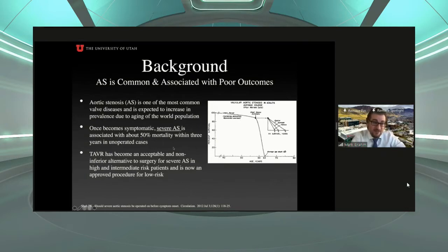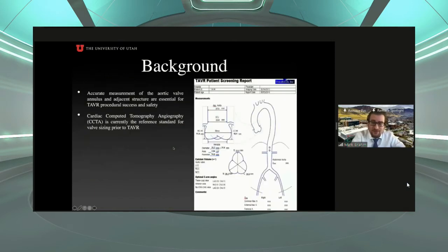TAVR has become an acceptable non-inferior option to surgery in low, intermediate, and high-risk patients. Imaging before TAVR is an essential component of the procedure's safety and success. Multiple things need to be looked into before implementing the TAVR valve, including the aortic valve annulus, which is a systolic measurement at peak systole, and then the left and right coronary heights, to make sure the valve would not obstruct the coronary ostia.